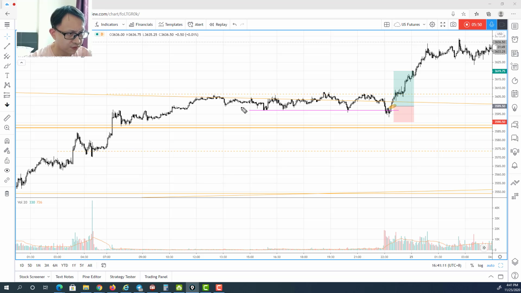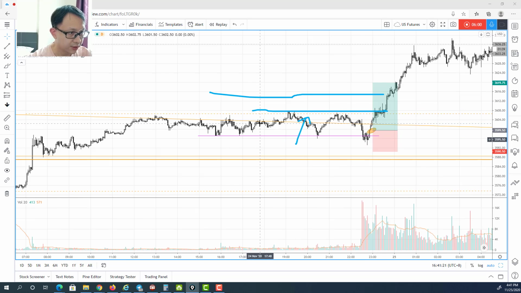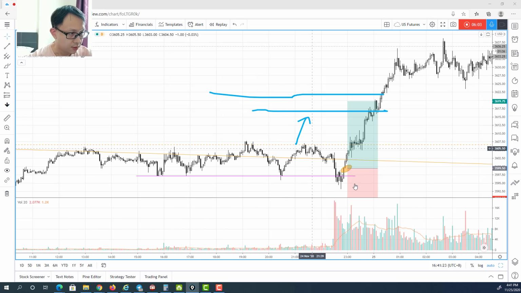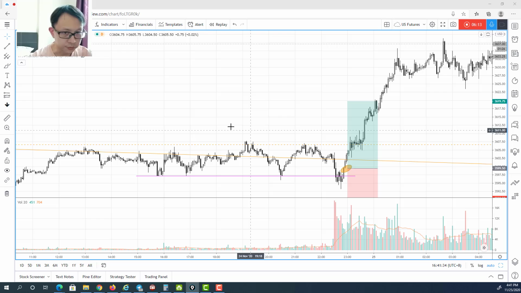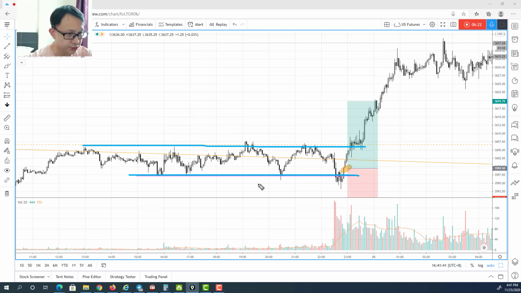In fact, it just had this kind of shallow reaction, so it just consolidated horizontally. So that's a good sign, and the entry actually happened probably during the first 15, 20 or 30 minutes of the US session. So let me walk you through. The structure that I leverage on is this trading range alone. This is a very shallow type of trading range with only about 10 points range.